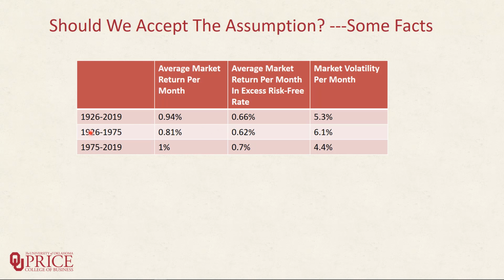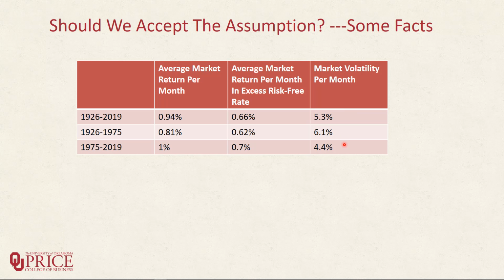From 1926 to 1975, the average market return was about 0.81% per month, and the market outperformed T-bill by about 0.62% per month. And in the second half of this history, the market return was about 1% per month, and the market outperformed T-bill by 0.7% per month.